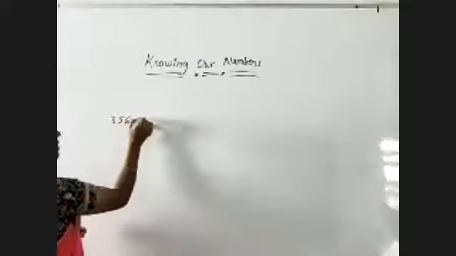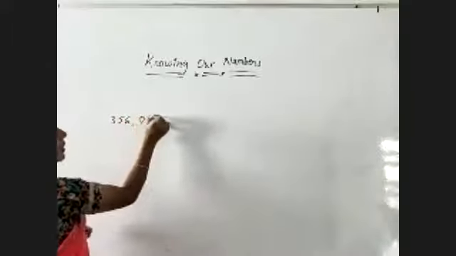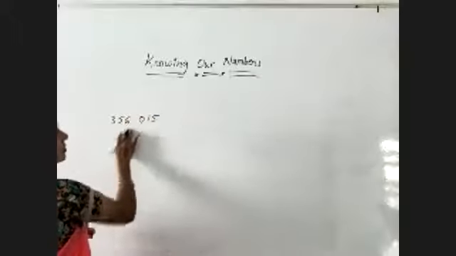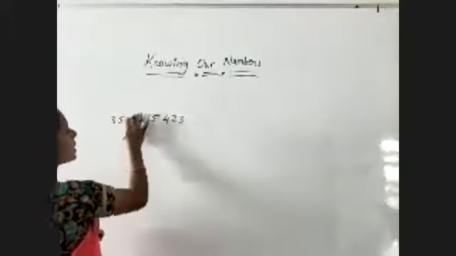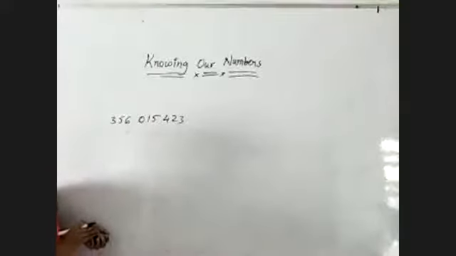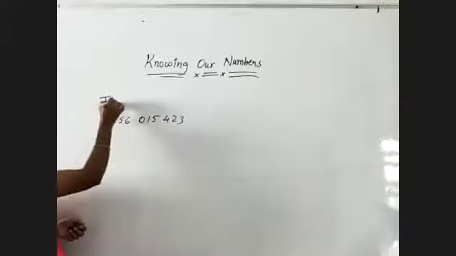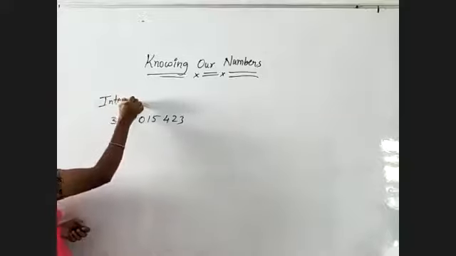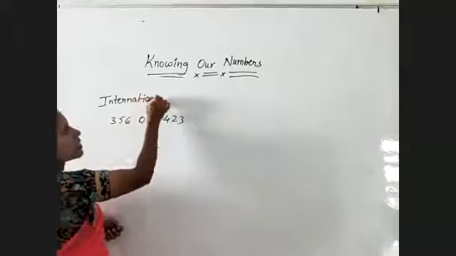So now I am taking the number 356,015,423. Like this, I have one number. I want to represent this number by using the international place value system.